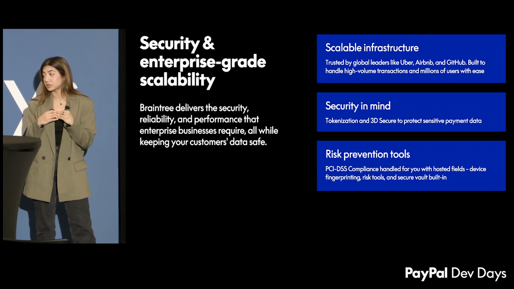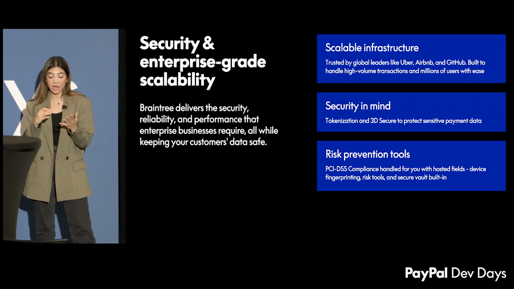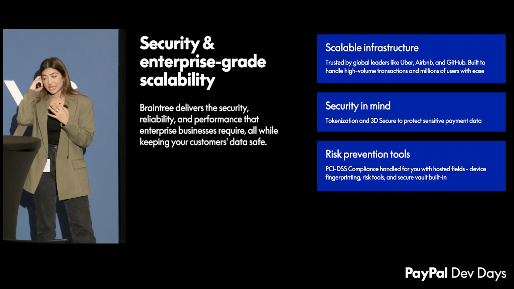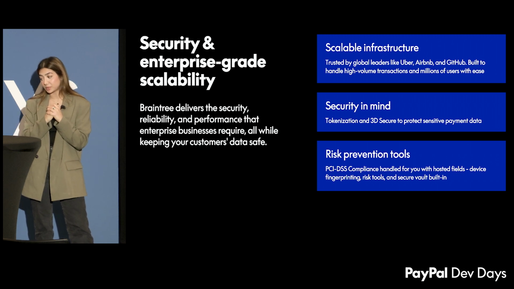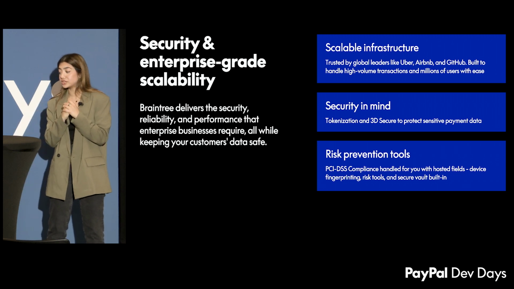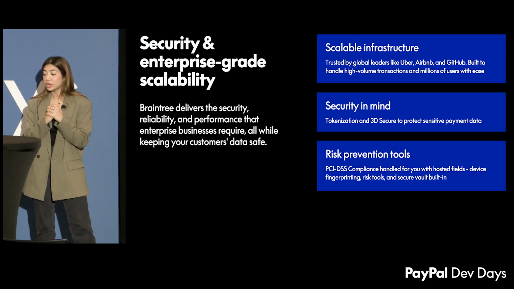That's something we build into many of our features and all of our SDKs, making sure that you have access to tokenization as well as 3DS. And lastly, we have built-in risk prevention tools, especially on our hosted fields, and we also have device fingerprinting, risk tools, and a secure vault built in.